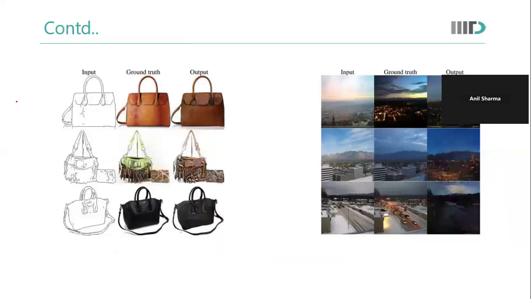If I give you another example, these sketches are transformed into these outputs. Just see, this one is even better than the ground truth, and similarly this is also very good. Things are coming out very good in the output. Similarly, when you transform day into night, this is the output image you get.